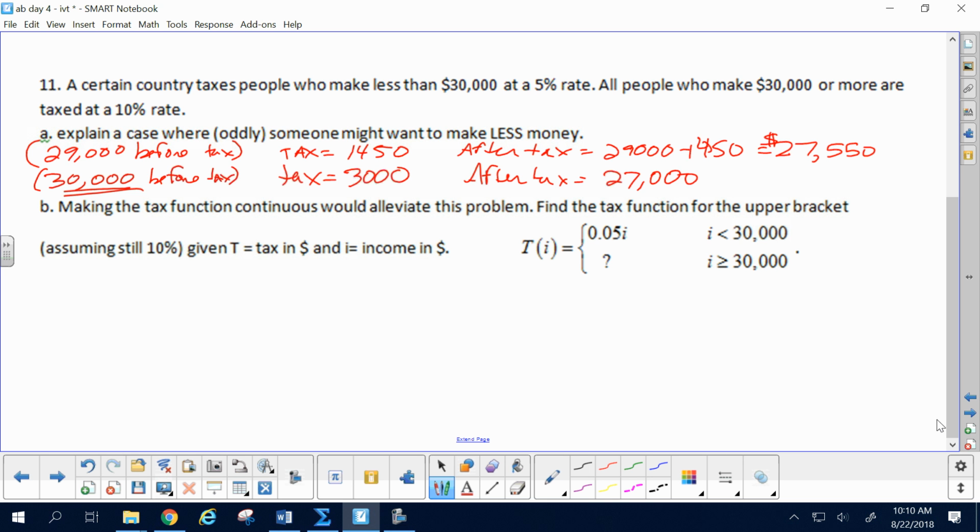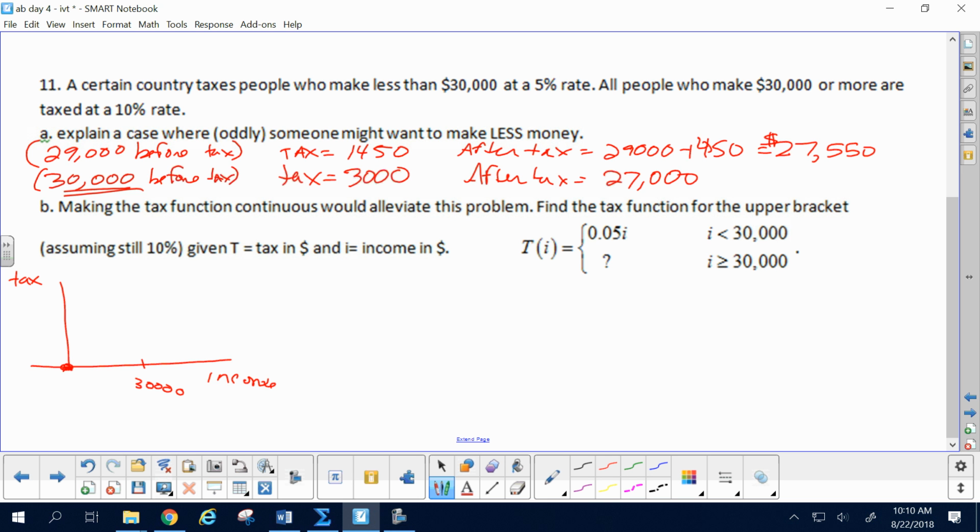The problem with this, whether you know it or not, is that the taxes as a function of income are discontinuous. The person that makes 0, how much tax do they pay? 0.